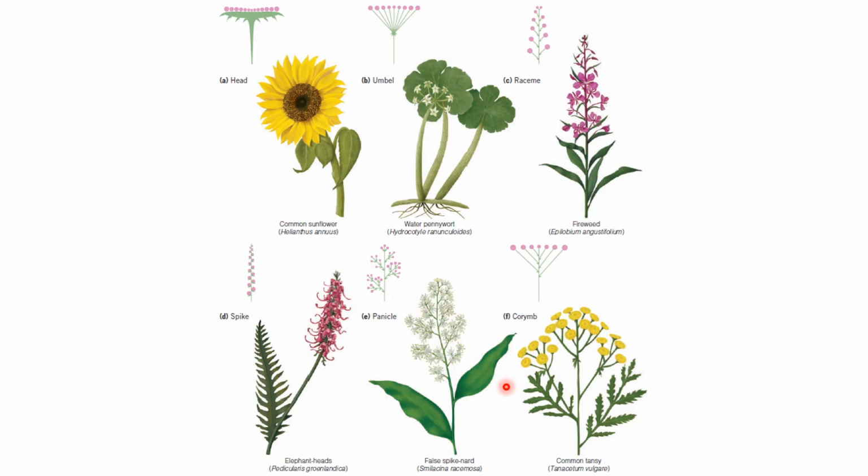The petals usually are thin and flat, and they are very varied, so they can be different forms, different colors: yellow, red, white.